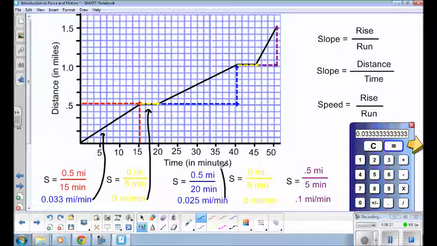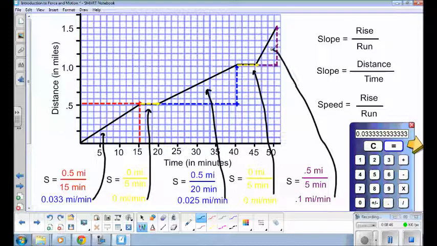For this section right here, her speed is 0.025 miles per minute. You can see that the slope is not nearly as steep as what she had in the beginning. Again, 0 miles per minute, it's a flat line with 0 slope. And then finally, when she was traveling at 0.1 miles per minute, you can see that the slope is fairly steep.